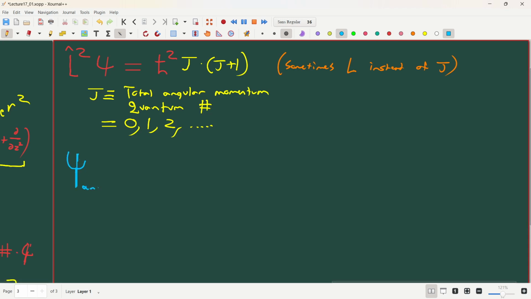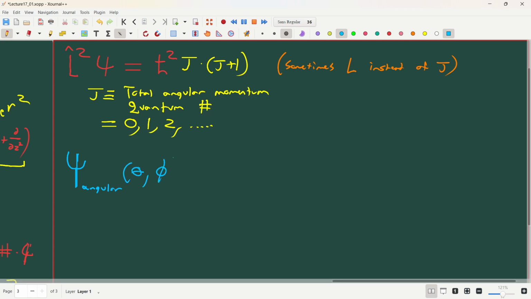The angular wave functions of our system, which are functions of theta and phi, with no r dependence, are a very special set of functions that have been known for many years. Laplace was the one who came up with them 200 years ago.